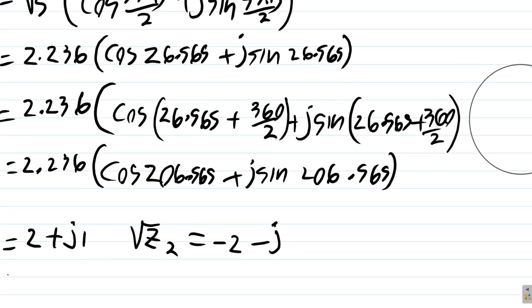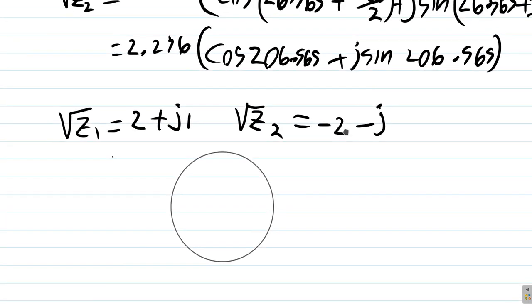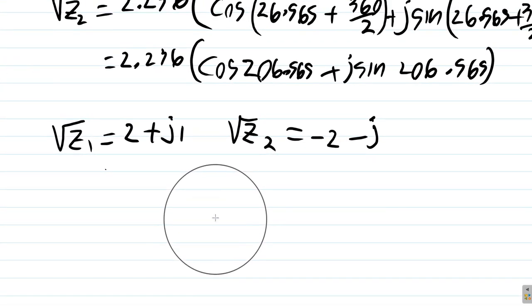Alright, so let's bring in the circle now and see how we can represent these things. So here we would go out to 2 plus 1j, alright? So we would have 2 to the right, 1j up. And the other one is -2 minus 1j, straight line. Doesn't really look like a straight line, but it should be.